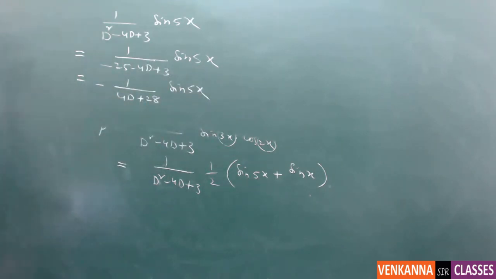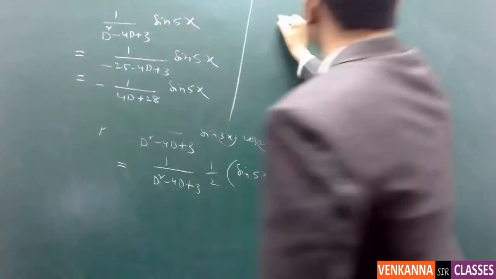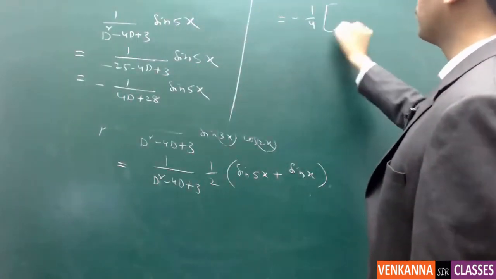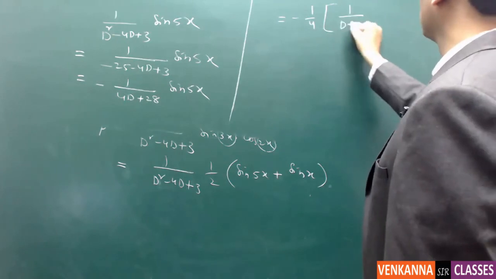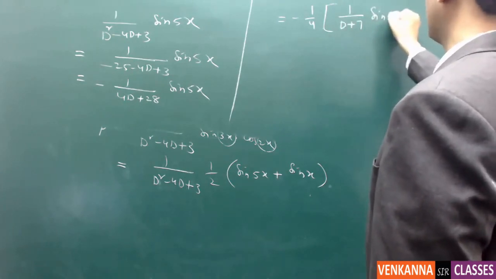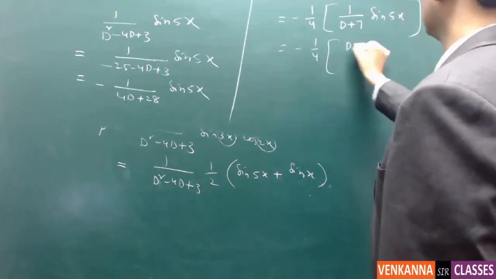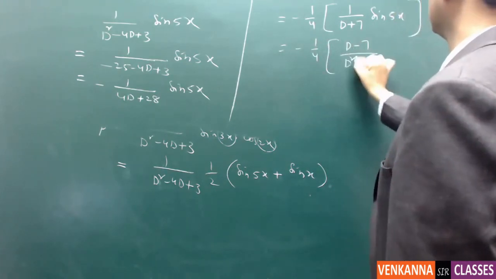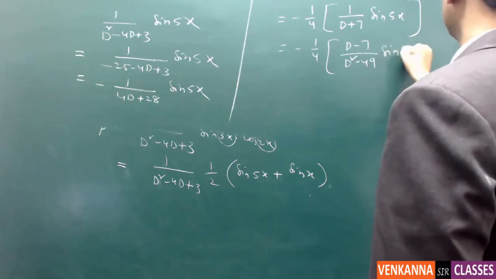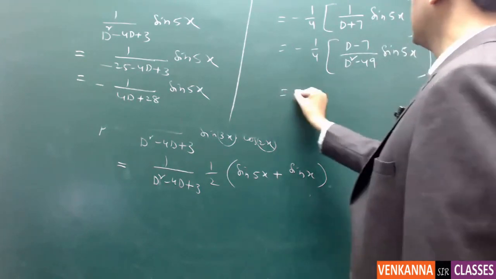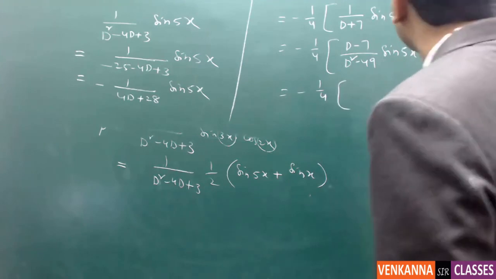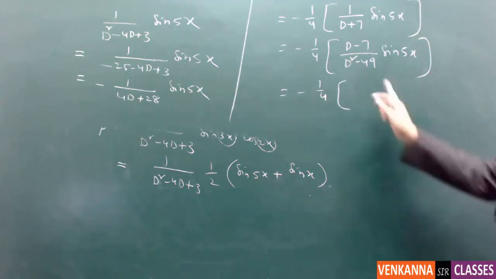You can take 4 common here. Minus 1 by 4 into 1 by d plus 7 sin 5x. To rationalize, then you have 1 by minus 4, so minus 25 minus 49.